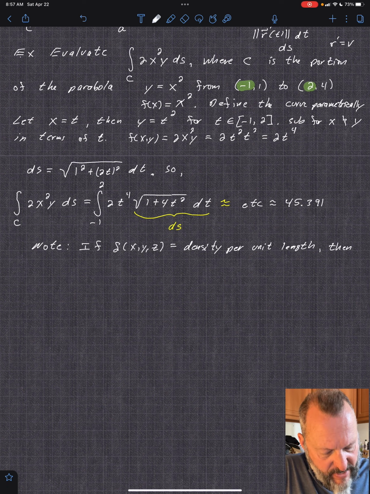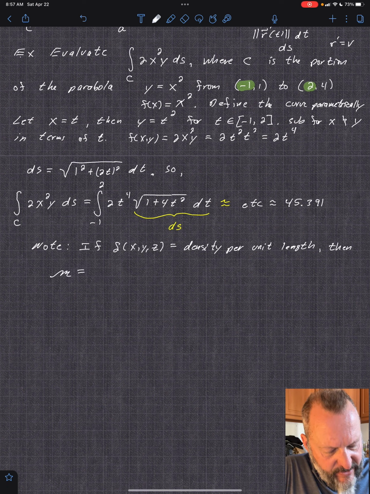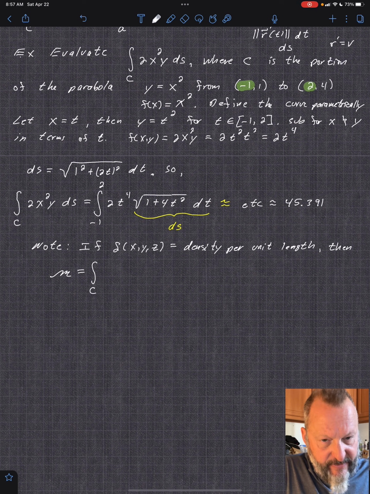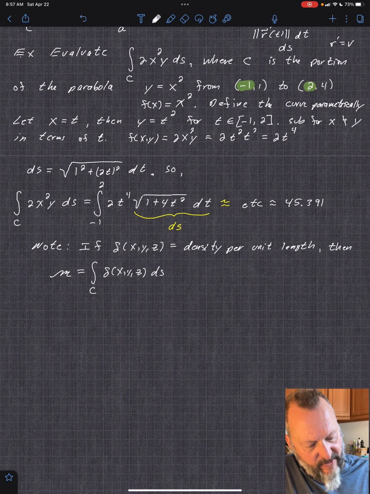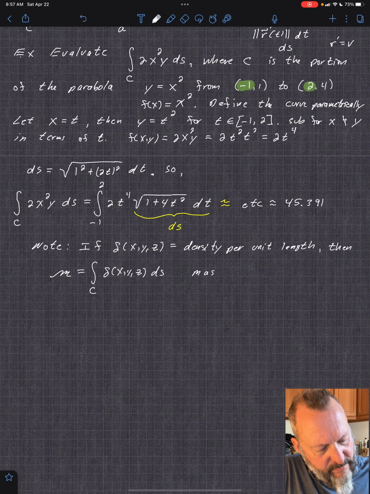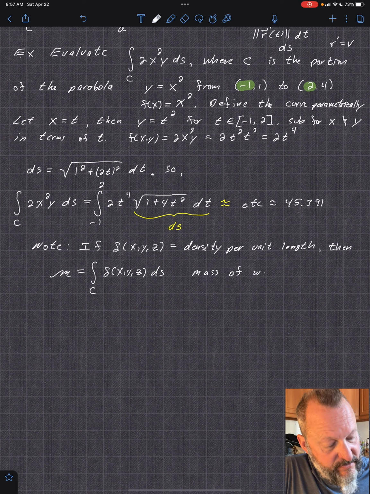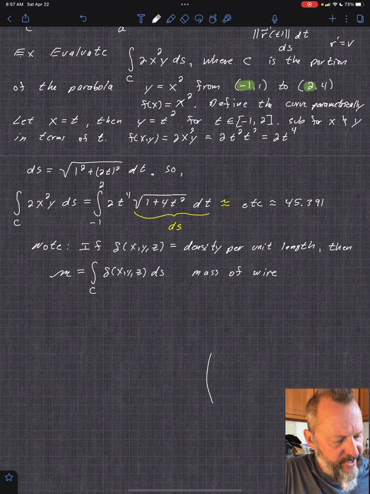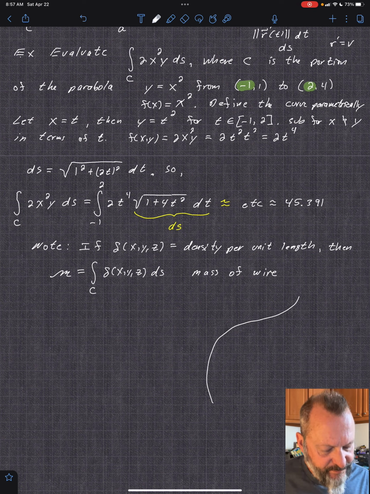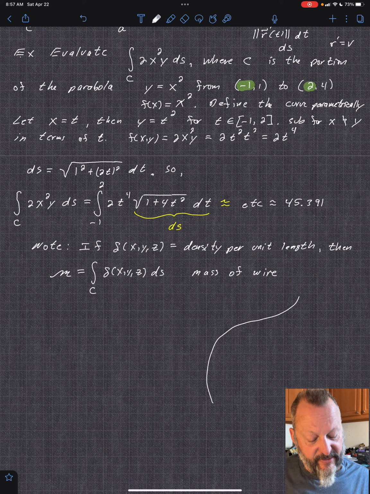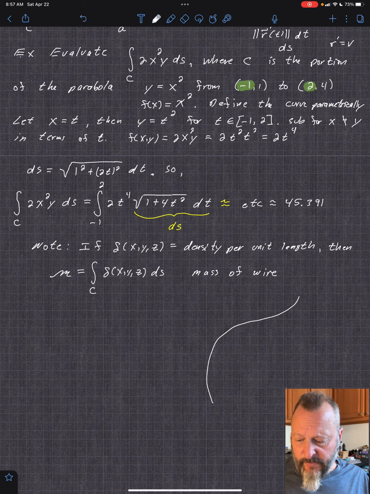So the mass equals the integral over c, the curve, of delta x, y, z ds. That would be the mass of whatever that is. If the density happens to change along some wire, then that function f of x, y, z can be expressed in terms of density per unit length. There might be a couple like that.